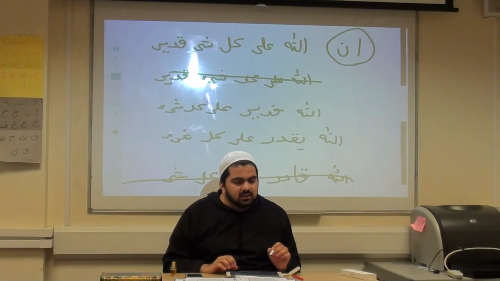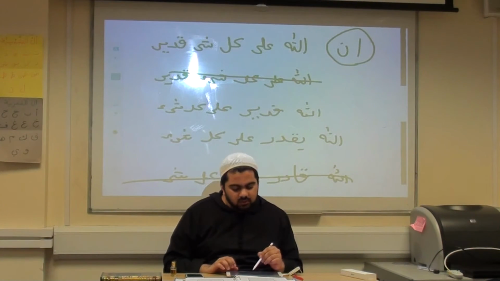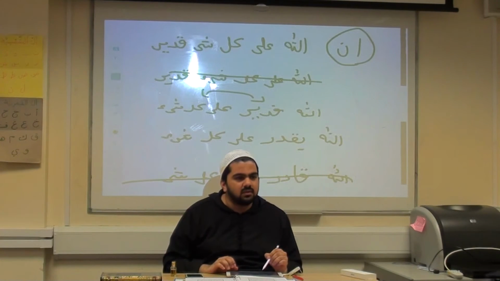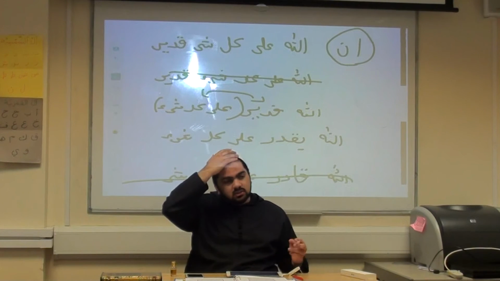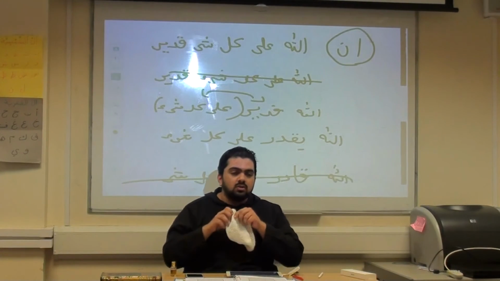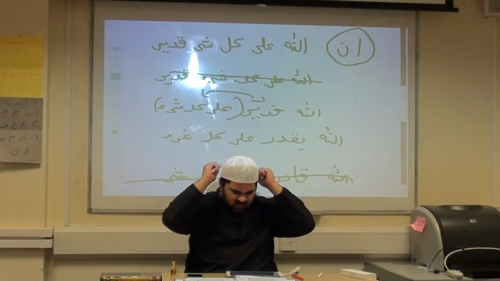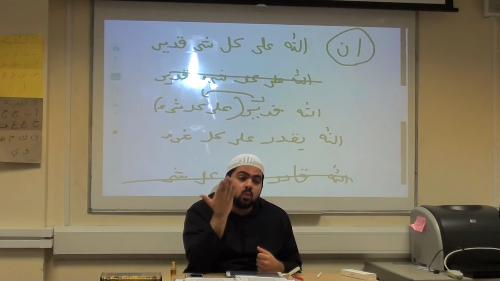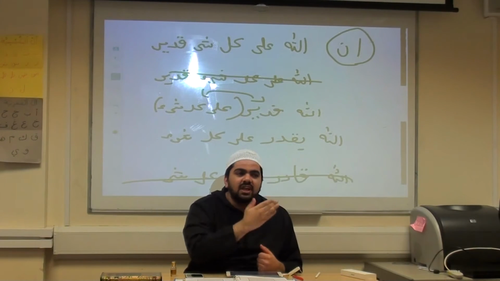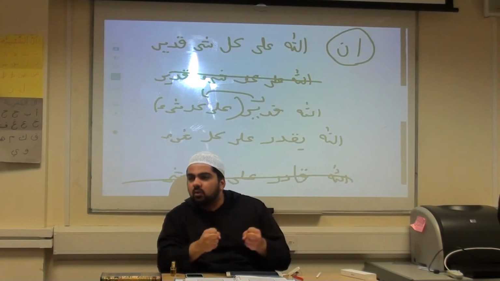Then Allahu qadirun ala kulli shay. Why can we not swap these around? And the reason for that is this. Allah subhanahu wa ta'ala does not here want to emphasize his power, but he wants to emphasize that he has power over what? Ala kulli shay. So he brings that forward.